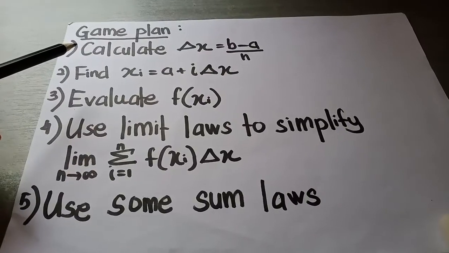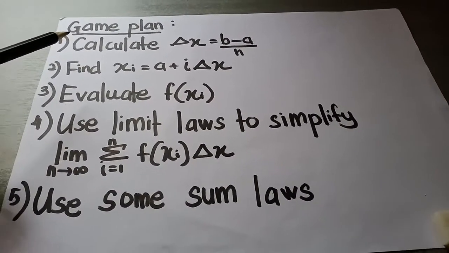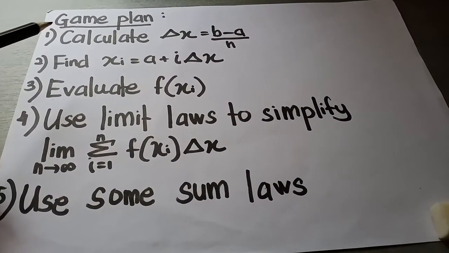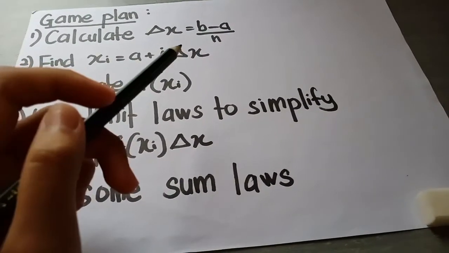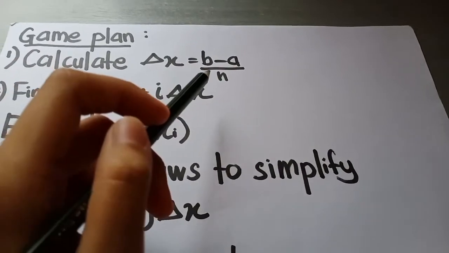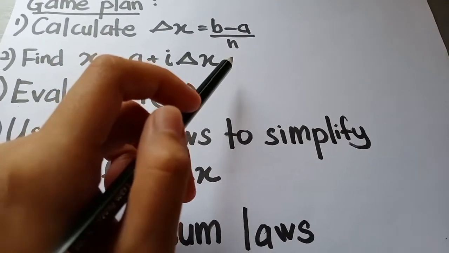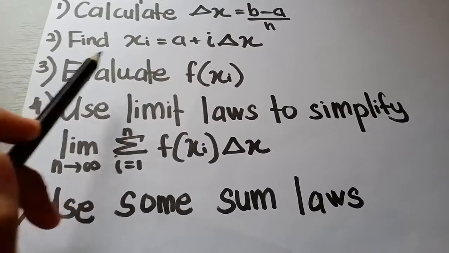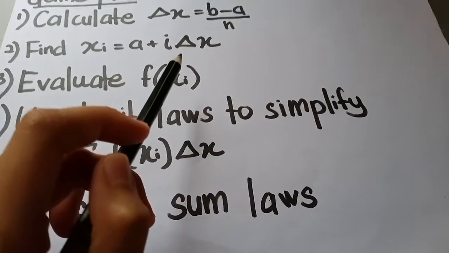As usual, we need a game plan, which is the steps to solve this question. The first step is we need to calculate delta x, which is b minus a over n. The second step is we need to find xi equal to a plus i delta x.